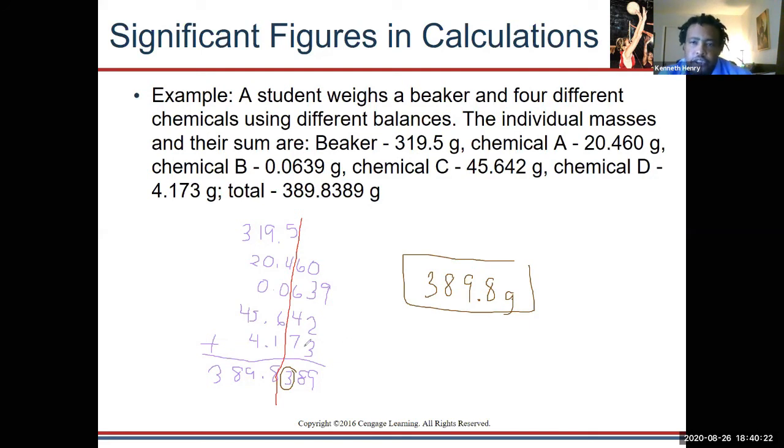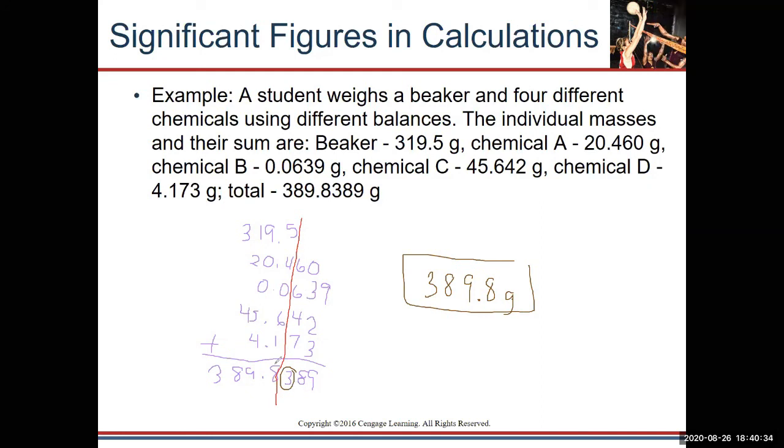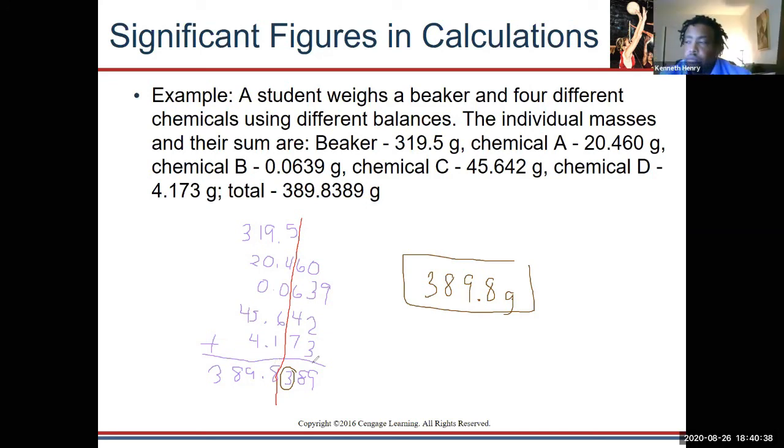We don't want to take them into consideration. All we want to do is see if we can round this up to the next number, or just leave this number alone. Got it? It's the same thing that we were doing earlier.